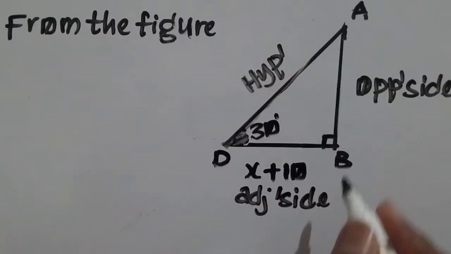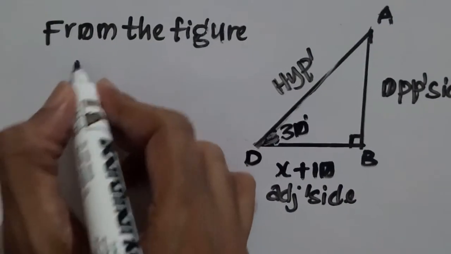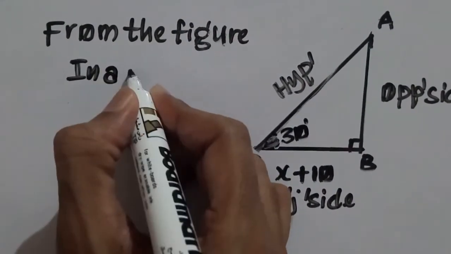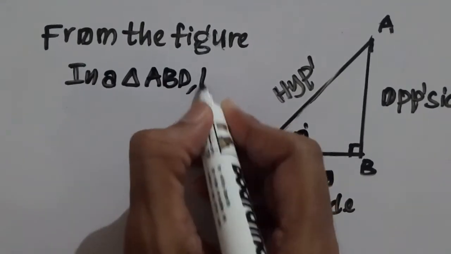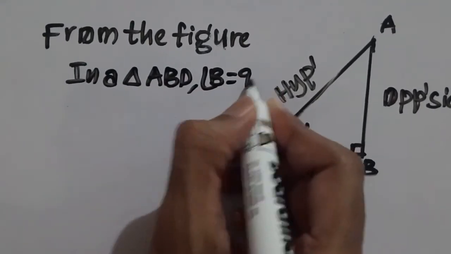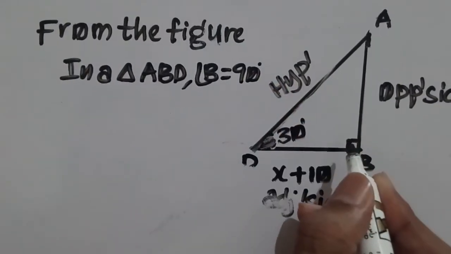From the figure, in triangle ABD, angle B is equal to 90 degrees.